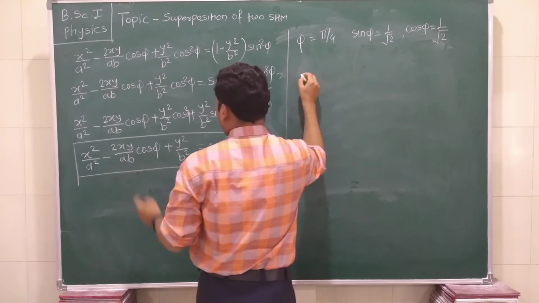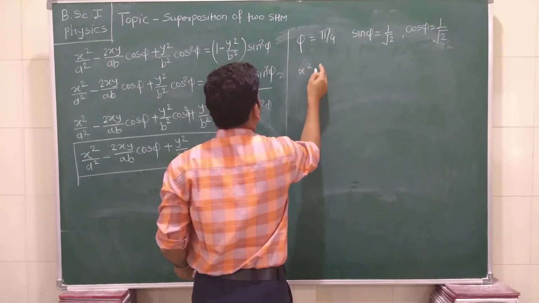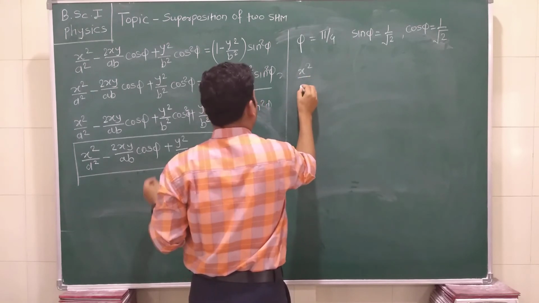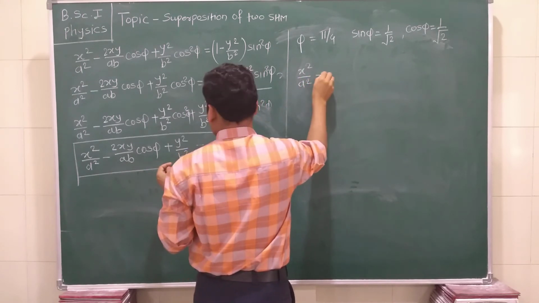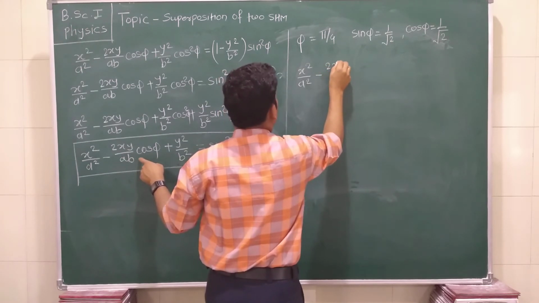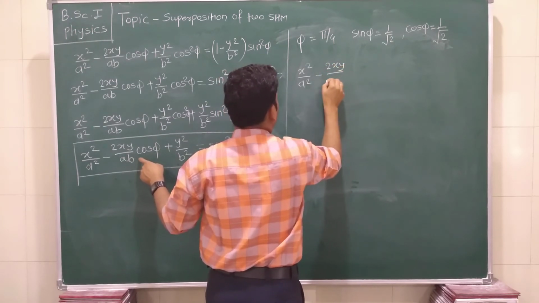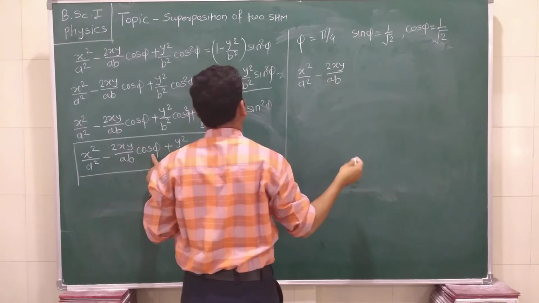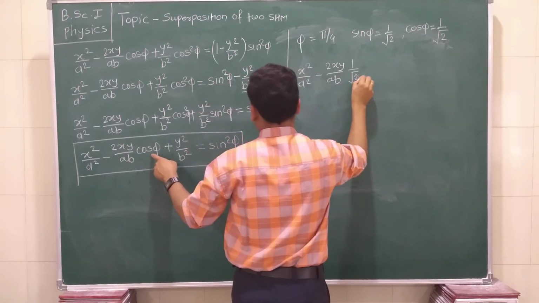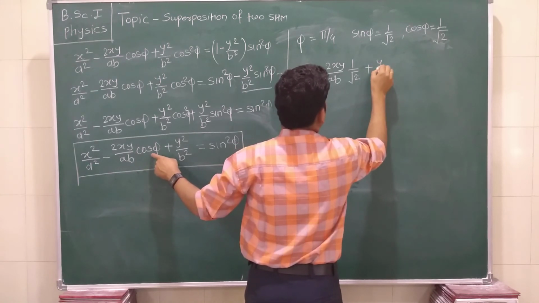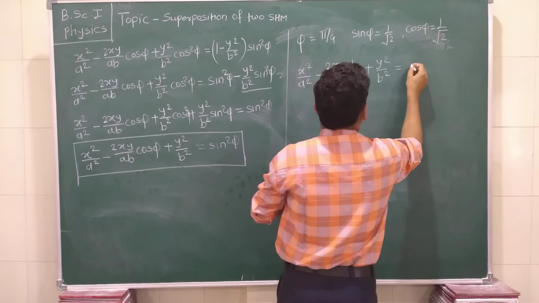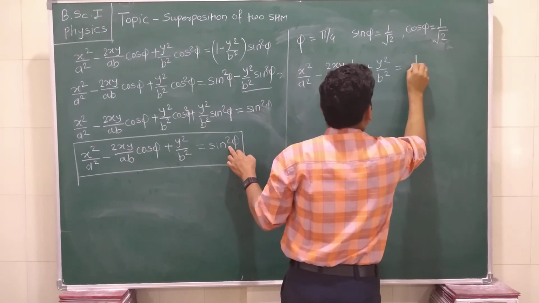So this equation becomes x²/a² − 2xy/(ab) into 1/√2 plus y²/b² is equal to 1/2.